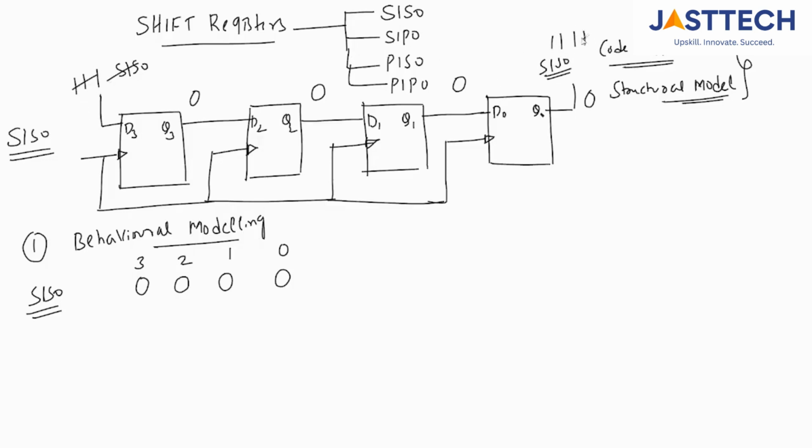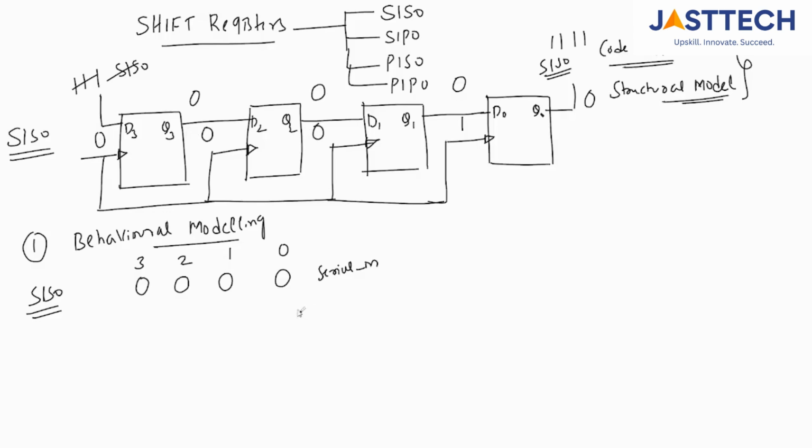It may be right shift or left shift. If it is left shift, you are giving the serial in data from here. First, 1 1 1 1 means this one will be loaded. This one will come here and this will be shifted, so it will get 0 0 0 like this.